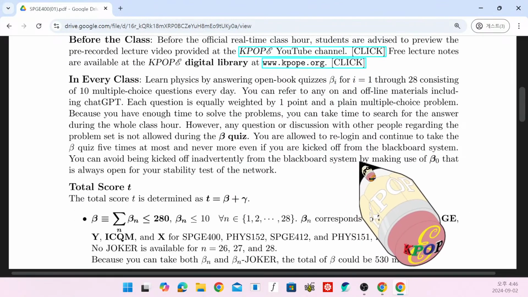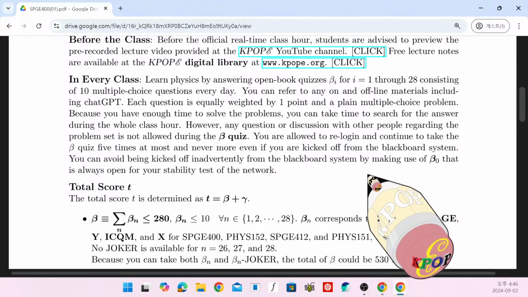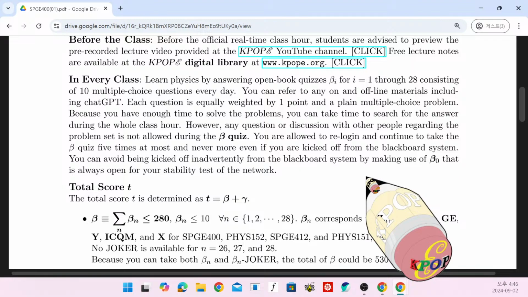In every class, you have to take the exam. That exam is sometimes quite simple, and sometimes, depending on your knowledge, it will be very hard to solve.